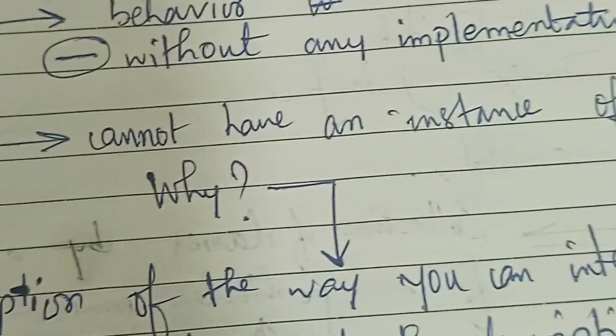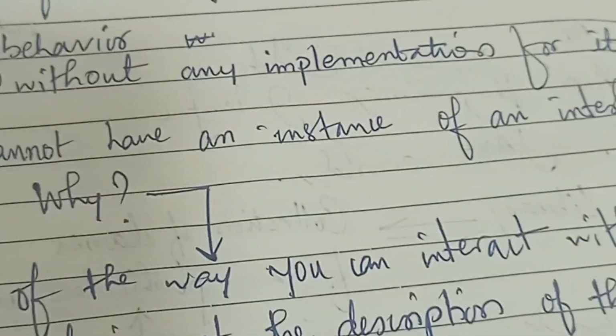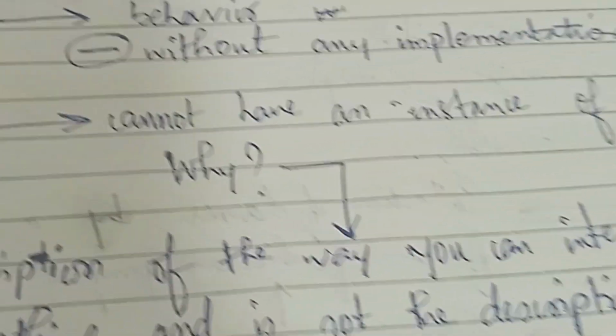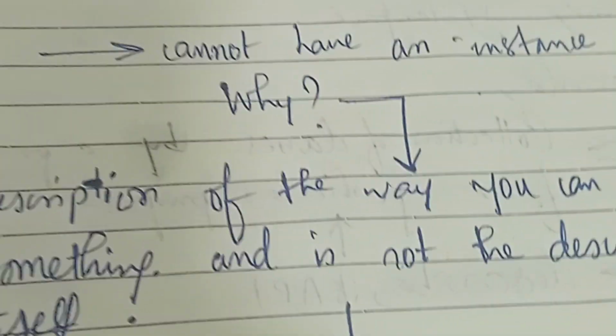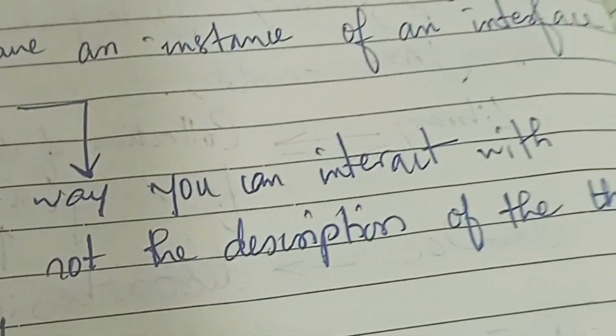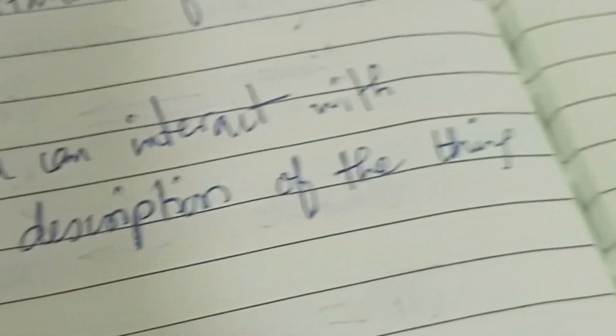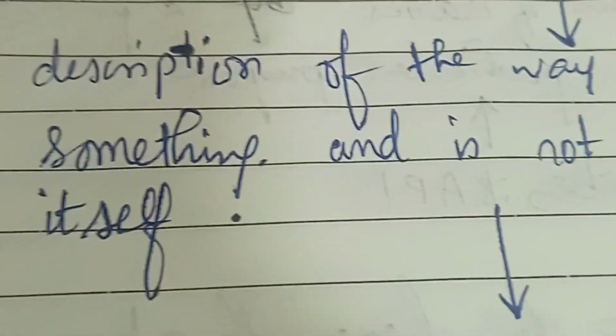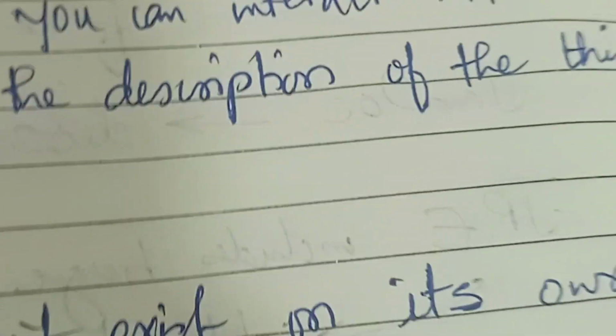We always need a class to implement the logic of an interface. Why can an interface not have an instance of itself? That is because an interface is a description of the way you can interact with something, and not a description of the thing itself. That is why it is always abstract and cannot exist on its own.